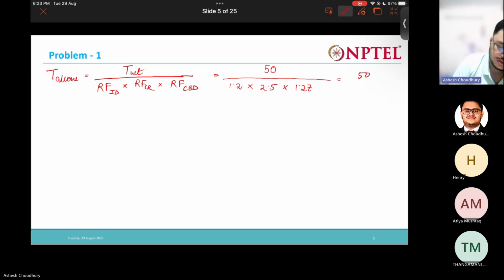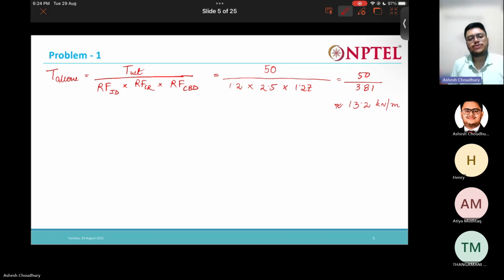So 50 divided by these factors, that is 1.2 into 1.5 into 1.1, which is something about 13.2. Okay, say 13.2. Right. So you got the allowable tensile strength.